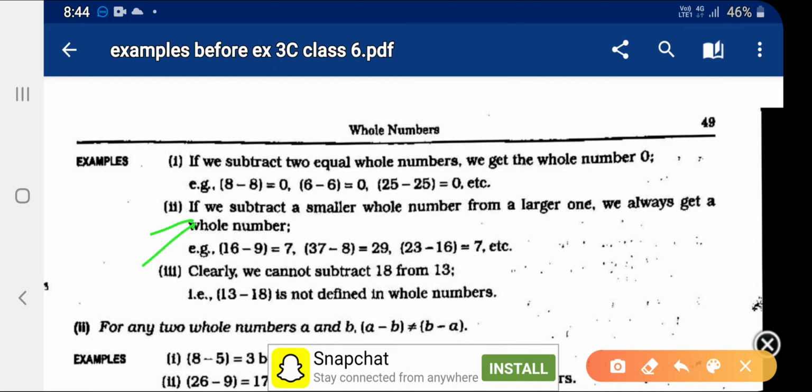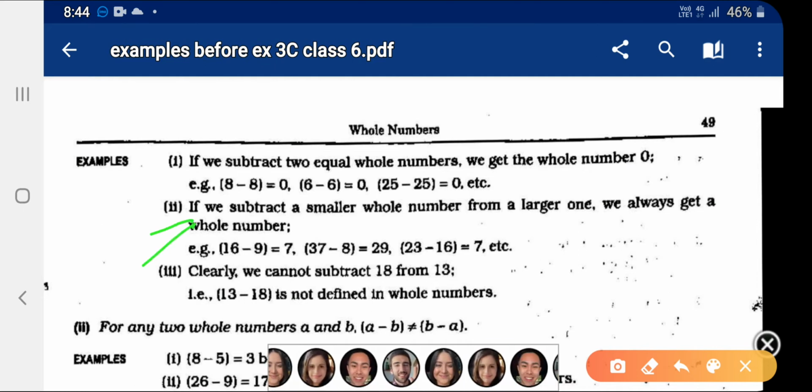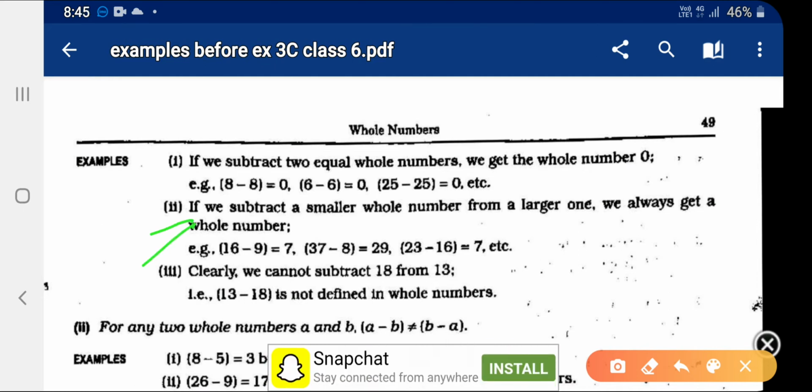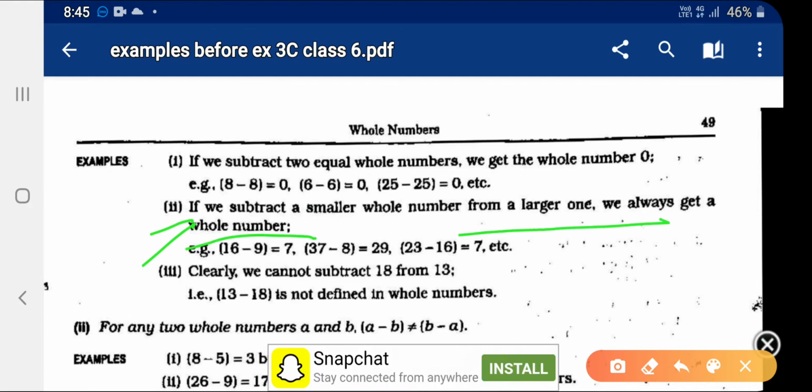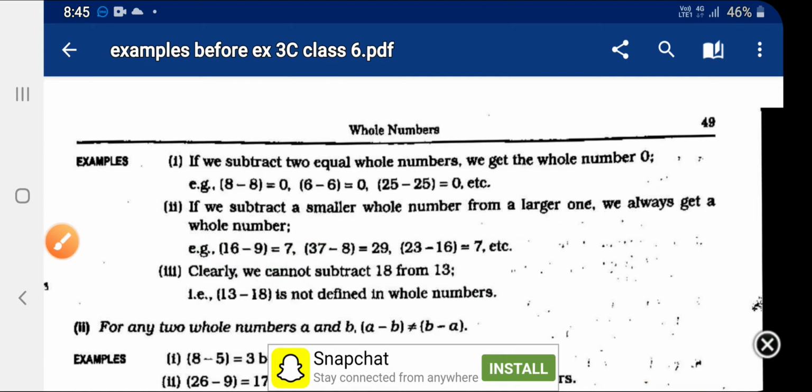If we subtract a smaller number from a bigger number, we always get a whole number. Okay, we always get a positive number, which is a whole number. Let's take these examples.